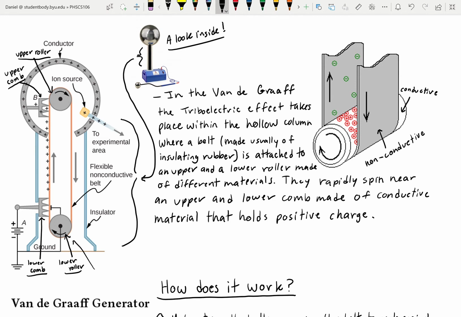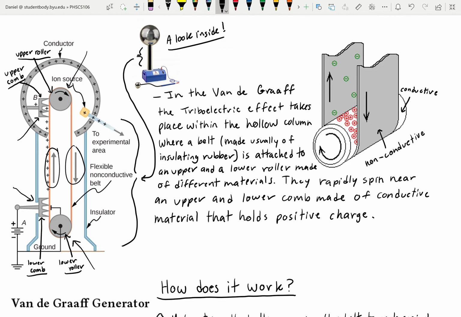Down here you have your upper roller, both made of different materials, as I said earlier, and your lower comb and your upper comb. And this belt will spin rapidly around, rubbing against the upper and lower roller and also the combs. And depending on the materials that they are made of, certain charges will be accumulated in certain areas and carried up the belt.